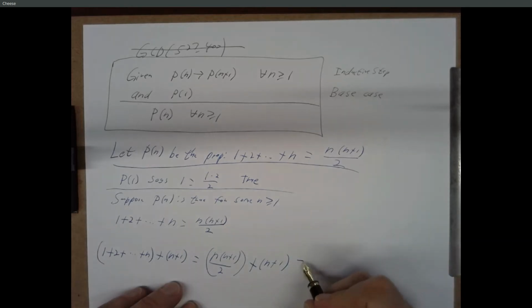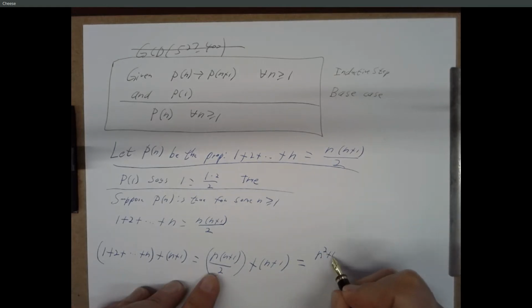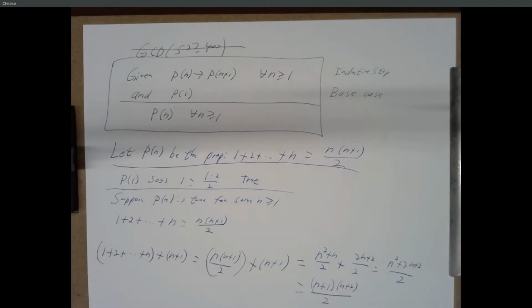But now I'm just going to go crazy with some algebra. So this is going to be n squared plus n over 2 plus 2n plus 2 over 2, which is n squared plus 3n plus 2 over 2, which is n plus 1 times n plus 2 over 2. That's just algebraically manipulating this right side into an equivalent, simpler form.